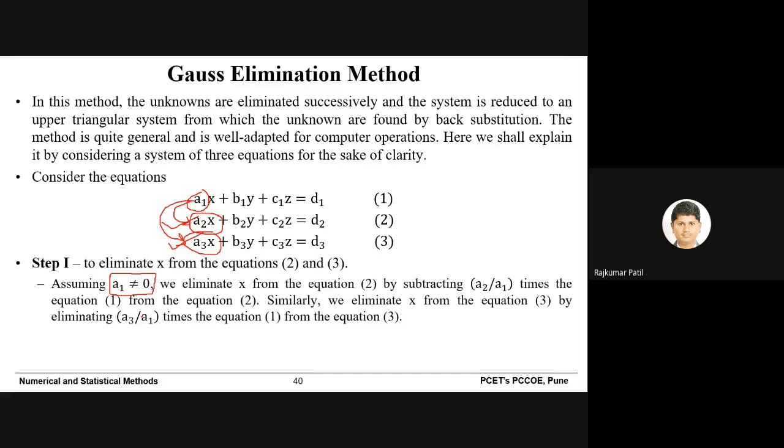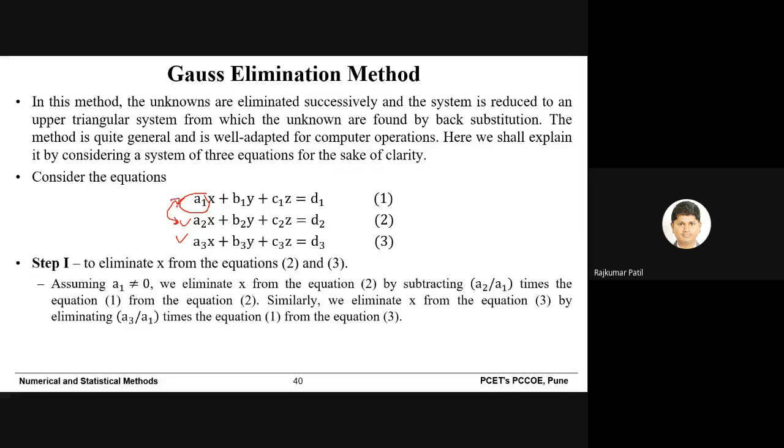But there are certain situations in which a1 is 0 in equation number 1. So what you can do, check the coefficient of x in equation number 1, 2 and 3. If a1 is 0, then what you can do, interchange equations.